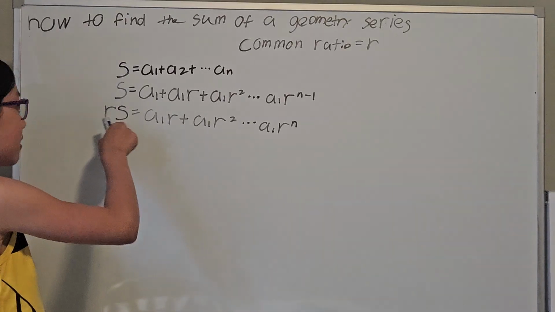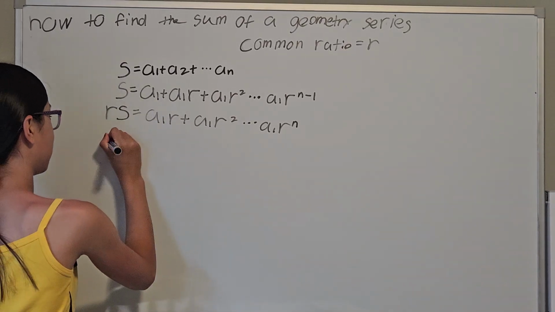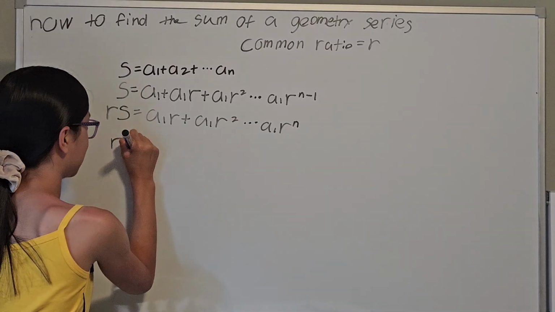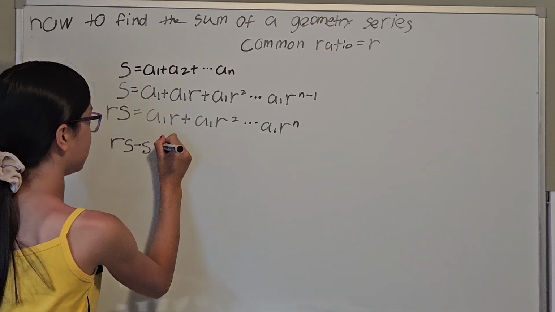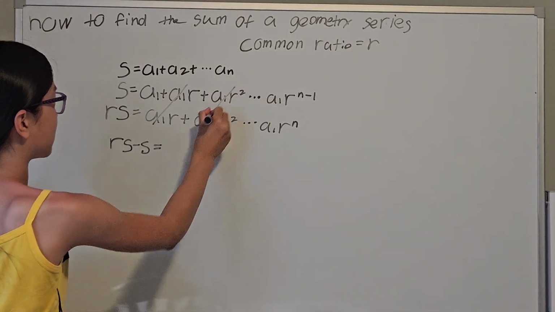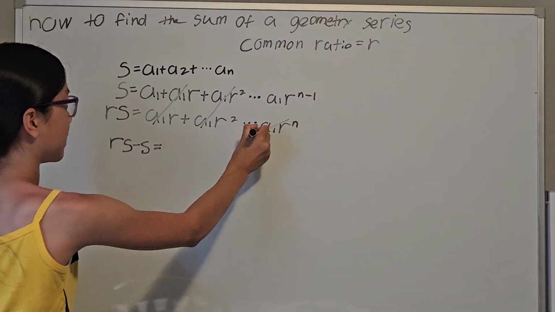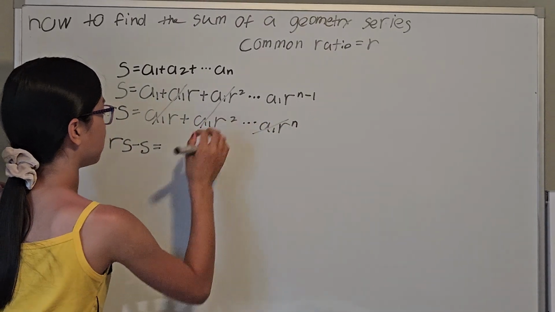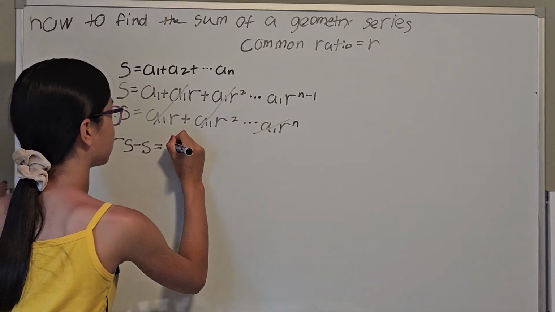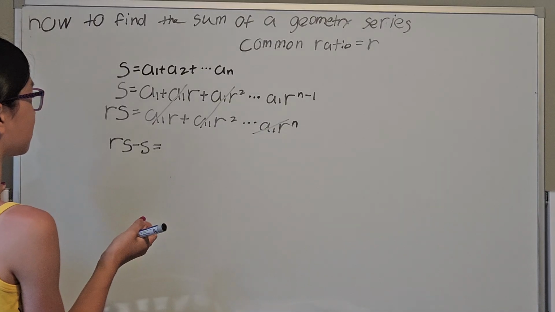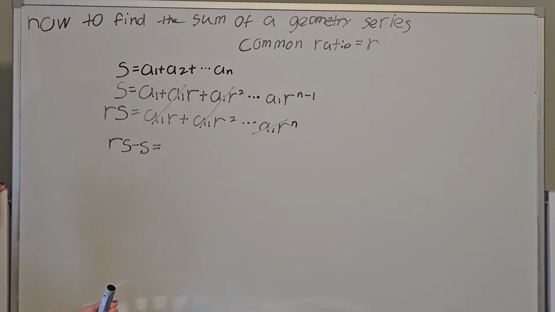We need RS minus S. So RS minus S equals, since these cancel out and these cancel out, and at the end this will be canceled out. So at the end we will have, the A1 times R to the power n, you cannot cancel that one out, right?